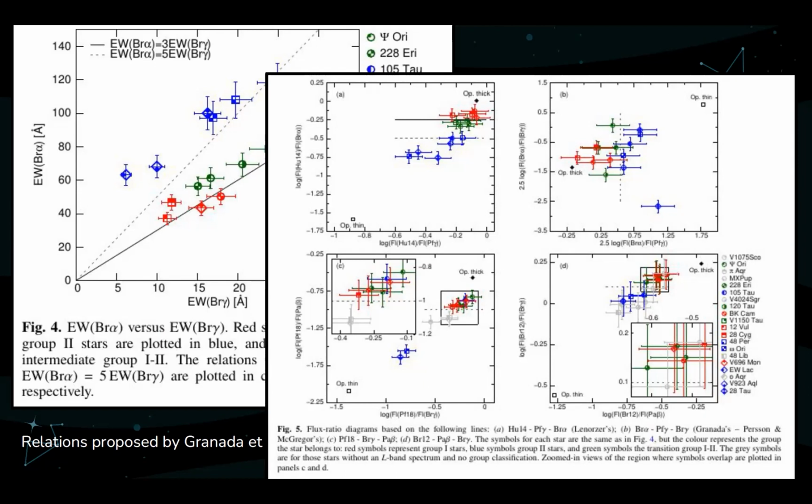So we propose that it's better to classify between groups, not by seeing the spectra, but by measuring the lines and putting some limit in these different line flux diagrams to separate group 1 and group 2 stars.